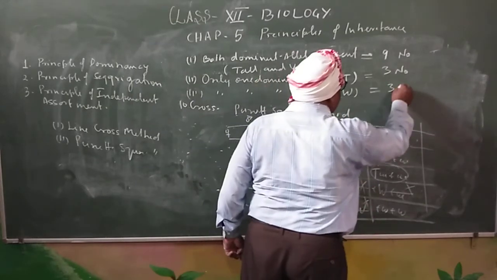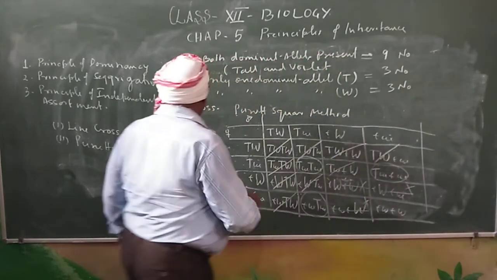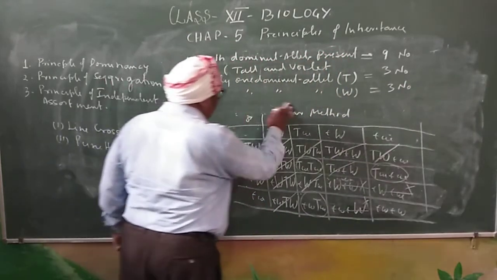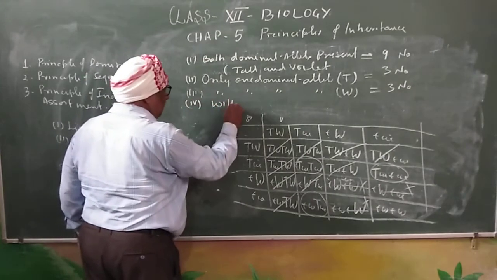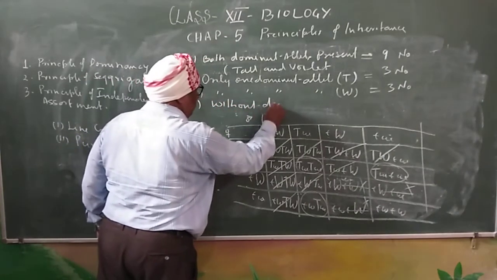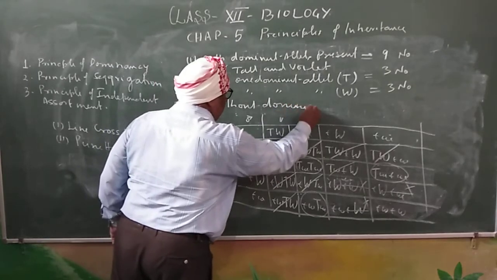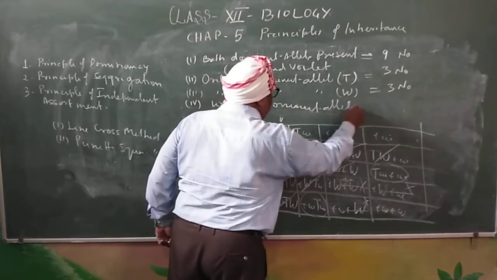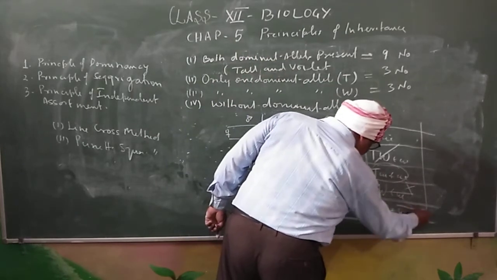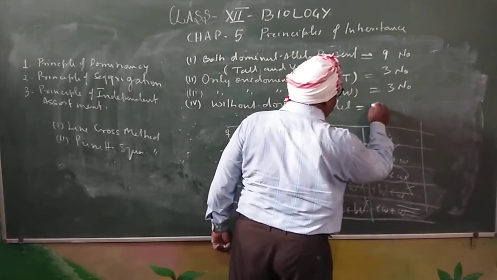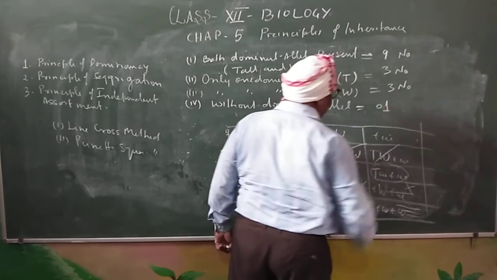Means there are also 3 numbers. Number 4th condition, without dominant allele, is equal to, that is only 1, and that is 1 number.